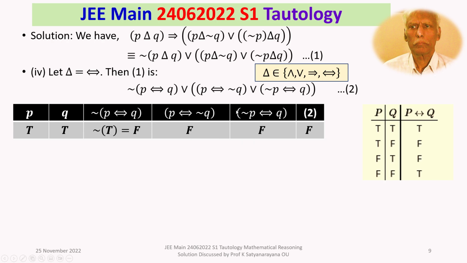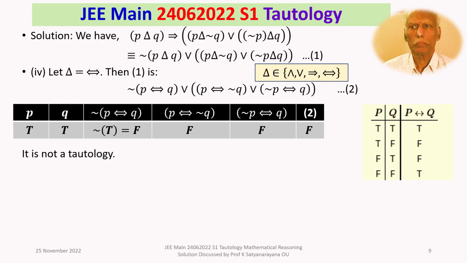And negation of P is F, if and only if T is F. All of them are F. So there is no need of going and seeing for the other truth values, and it is F. And what is a tautology? Tautology is always true for all truth values of P and Q. So it is not a tautology.